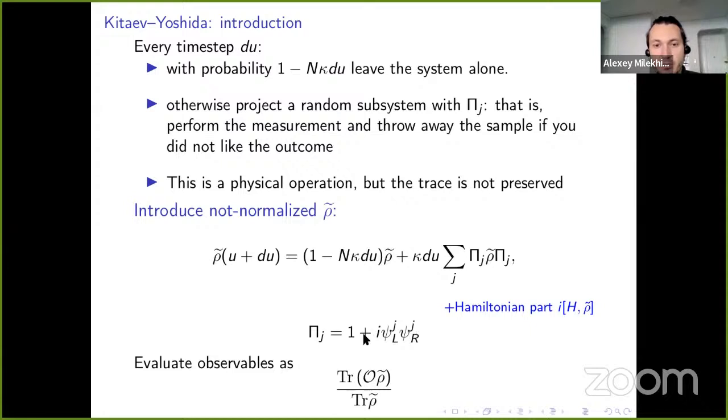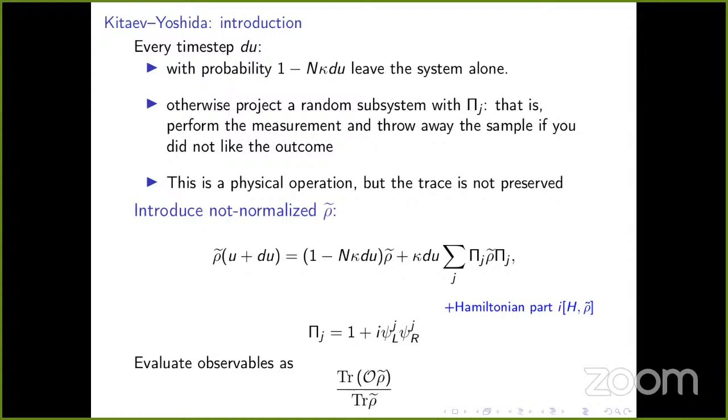In this case, it's a Majorana fermion on each side, and you perform this projection. And here I also omitted the usual Hamiltonian part. Okay, maybe I should pause here because it's a lot, but this is the protocol which was discussed before by Kitaev and Yoshida, and this is what we studied in SYK.